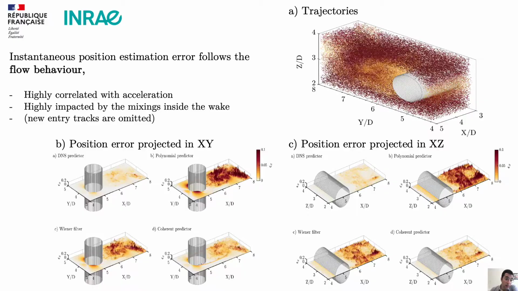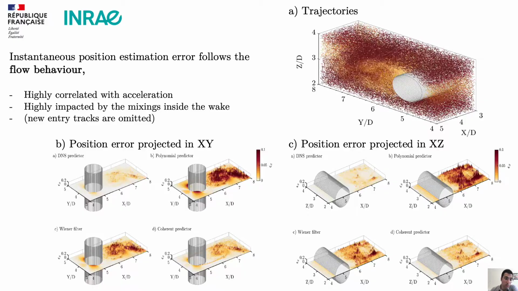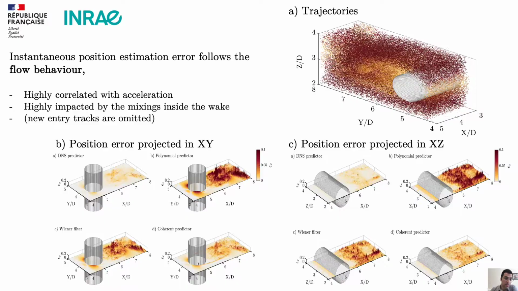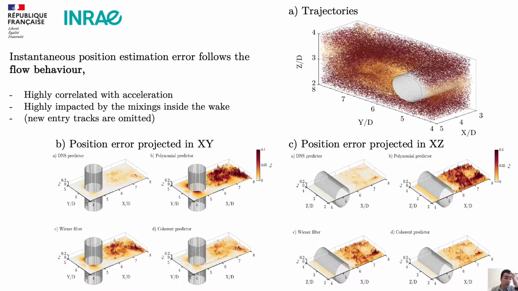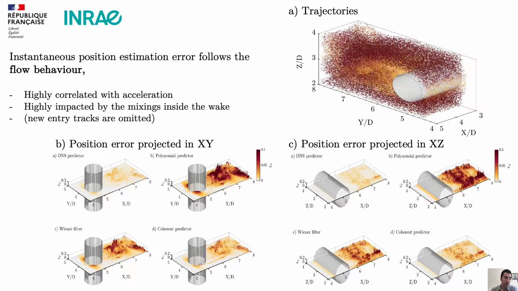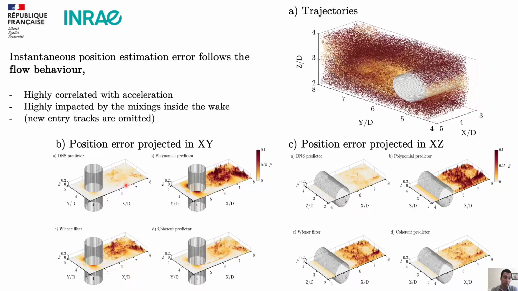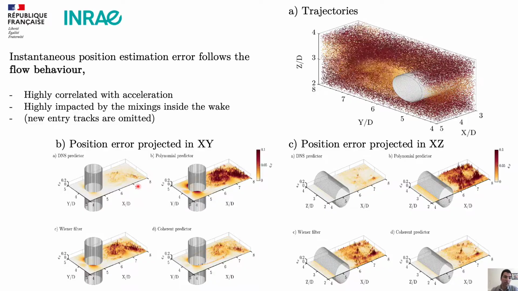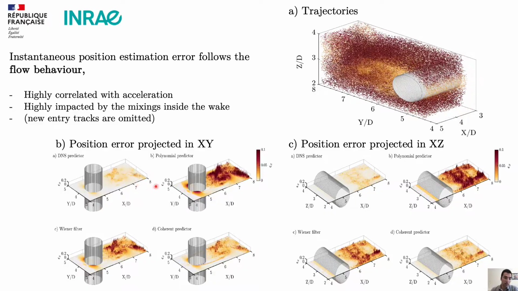It also represents the maximum accuracy that we can get by a predictor function, because we cannot go further than the DNS velocity.